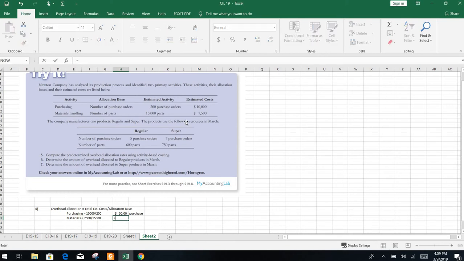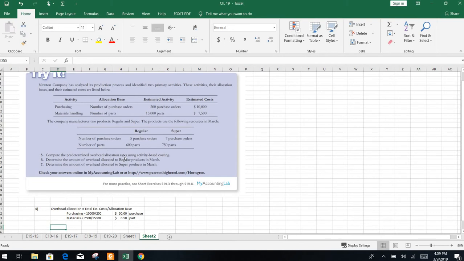Equals 7,500 divided by 15,000. Okay, and that gives us 0.5, which is actually 50 cents per part, because that's our base right there, per part. And putting those labels on there will make it clear later, just in case you have to go back and refer to number 5 to solve other parts of the problem.